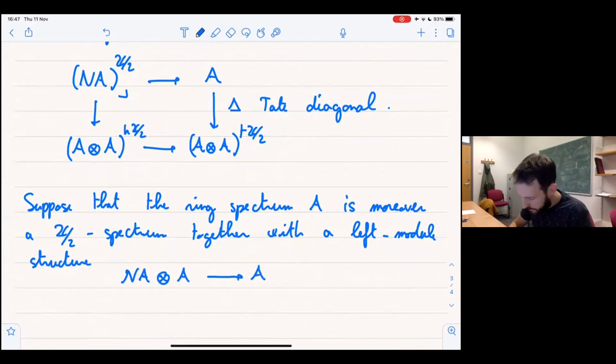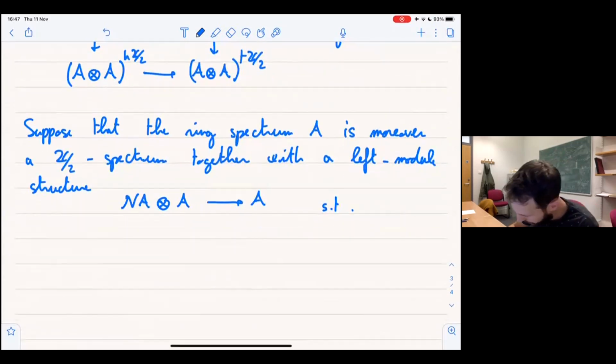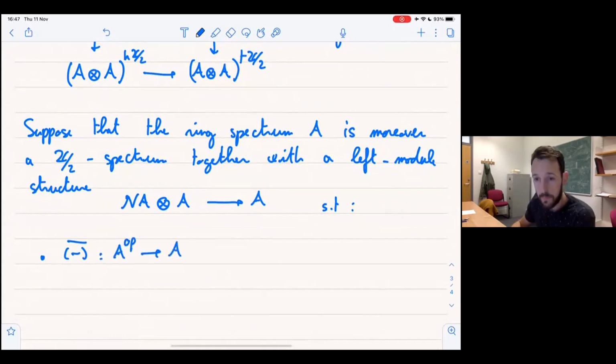And then there are conditions. You want basically the involution of this equivariant spectrum to be a map from A up to A. So this is the involution that comes with the fact that A is a Z-mod2 spectrum.